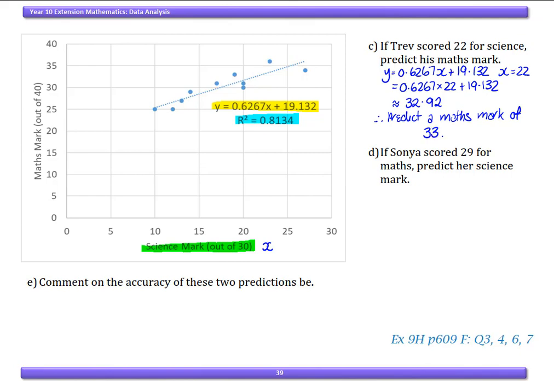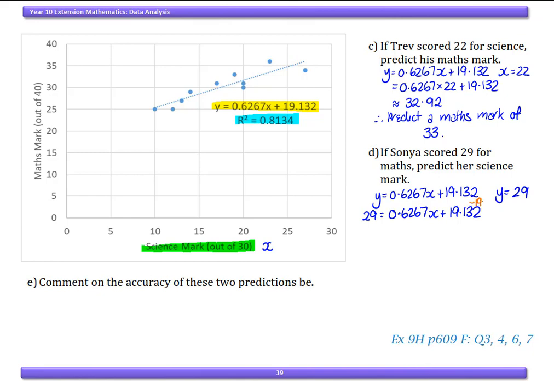Can't get 32.92. If Sonia scored 29 for maths, predict her science mark. So again, the formula 0.6267x plus 19.132. So now we're being given her maths mark. So y equals 29. So we've got 29 equals 0.6267x plus 19.132, and we're solving.